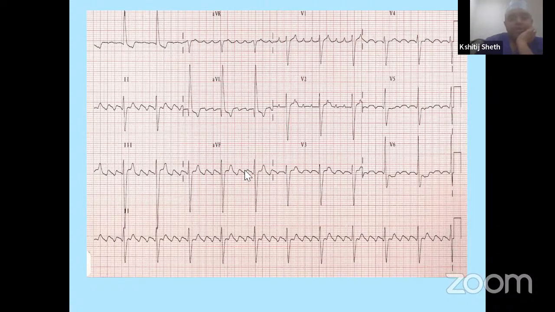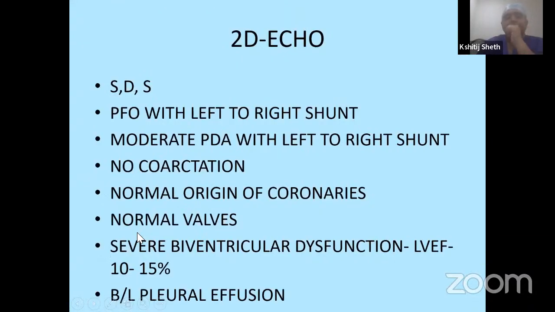You see here the ventricular rate is around 70, which in a newborn is a low heart rate. But what you see in lead II is what we call a sawtooth appearance, a regular sawtooth appearance. So this was atrial flutter with 2:1 conduction, which led to severe ventricular dysfunction.